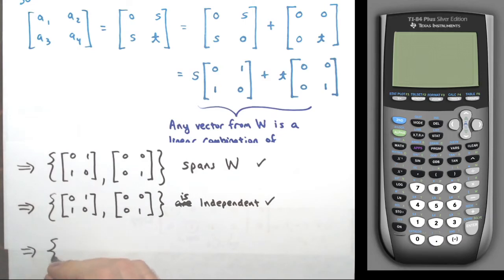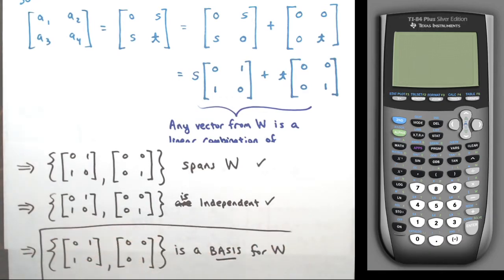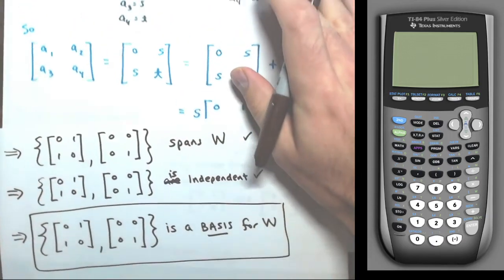All right, so this set of vectors, the set with these two matrices, is a basis for W. All right, I'm going back to looking at W again.